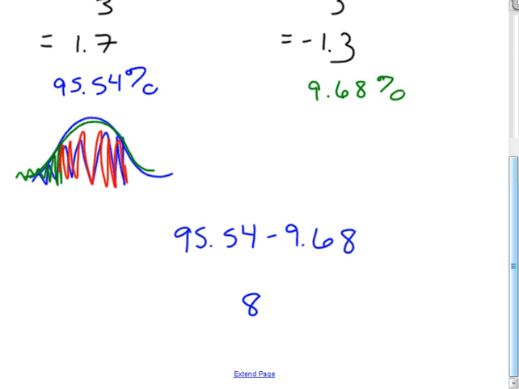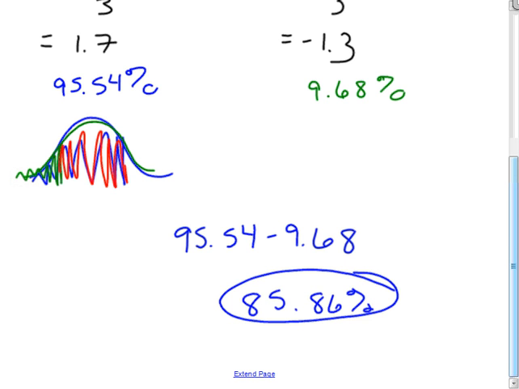And I get 85.86%. I had to subtract the overlapping piece because that's the part that I completely don't want in my problem, because that gives me values that are below 86%. I don't want the 86% values. So this 9.68 was that from 86% down. So I had to subtract that percent out of there to see what my total percent was that was left.